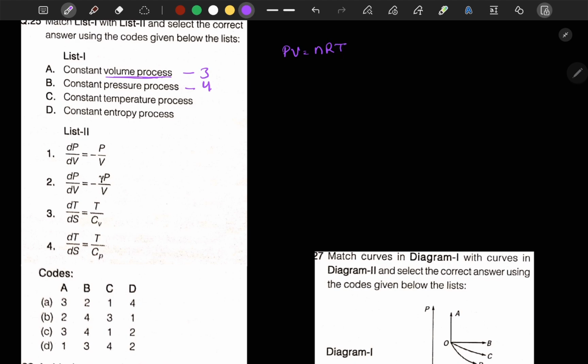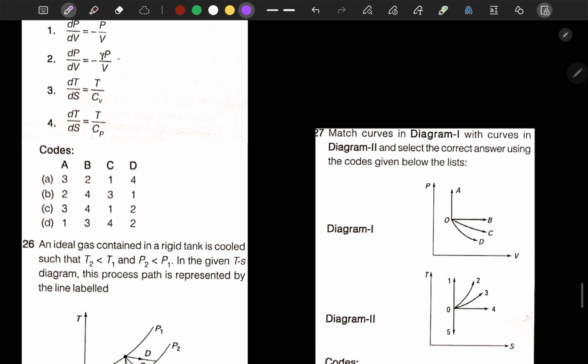If we differentiate it, we get PdV plus VdP is equal to mRdT, and for constant temperature we get dP by dV is equal to minus P by V. So that is 1 for this, and this is a constant entropy process, so it is isentropic, and the option will be 2. So 3412 is the correct option, option C.